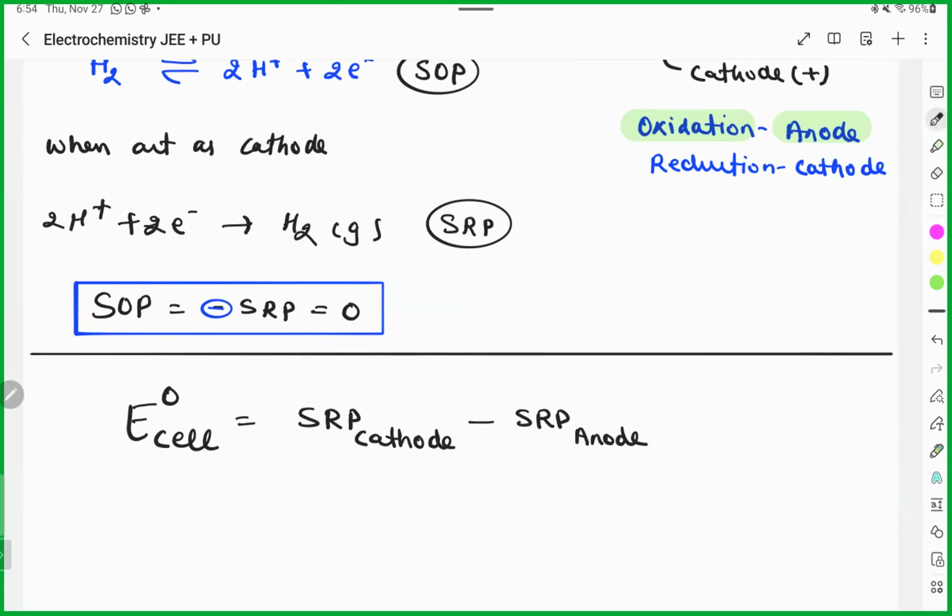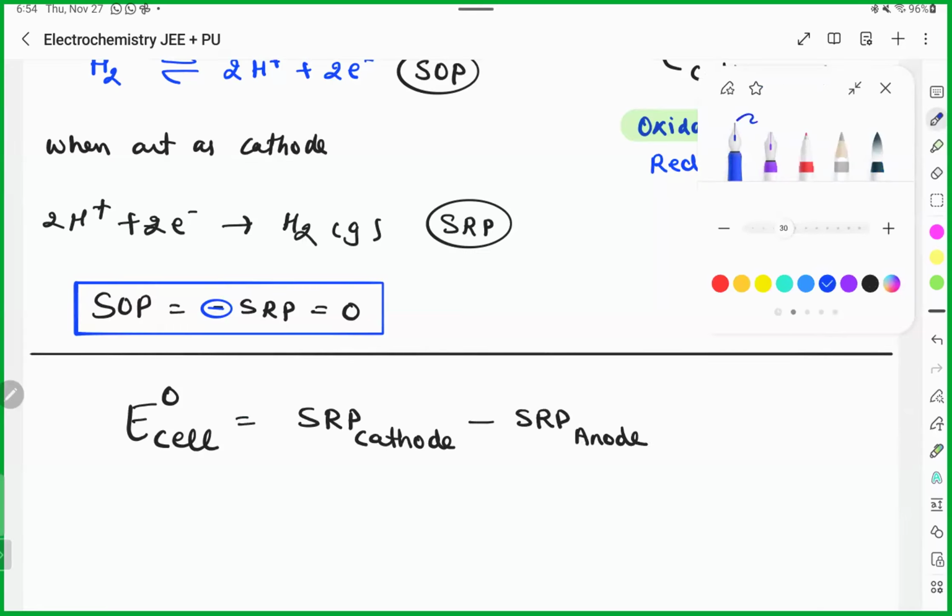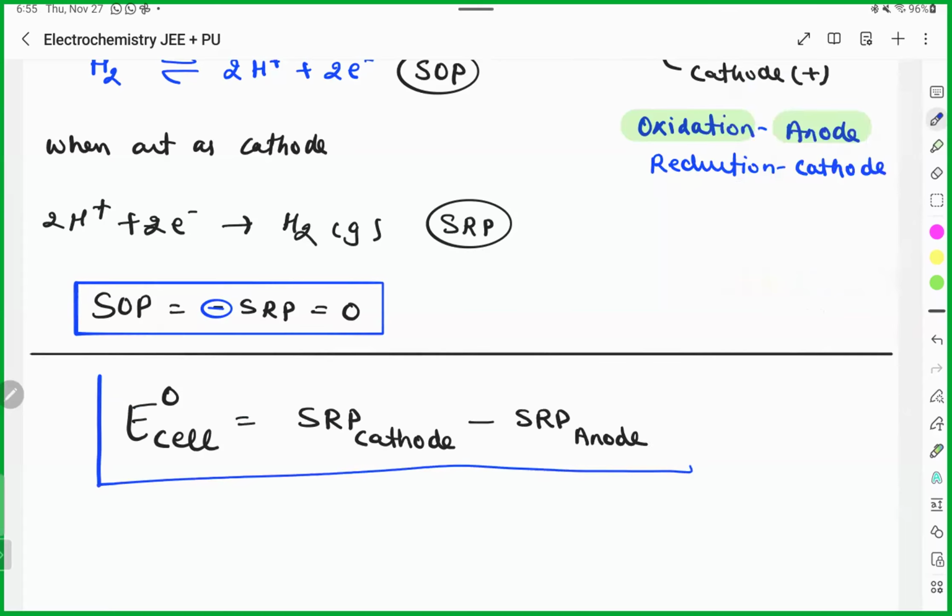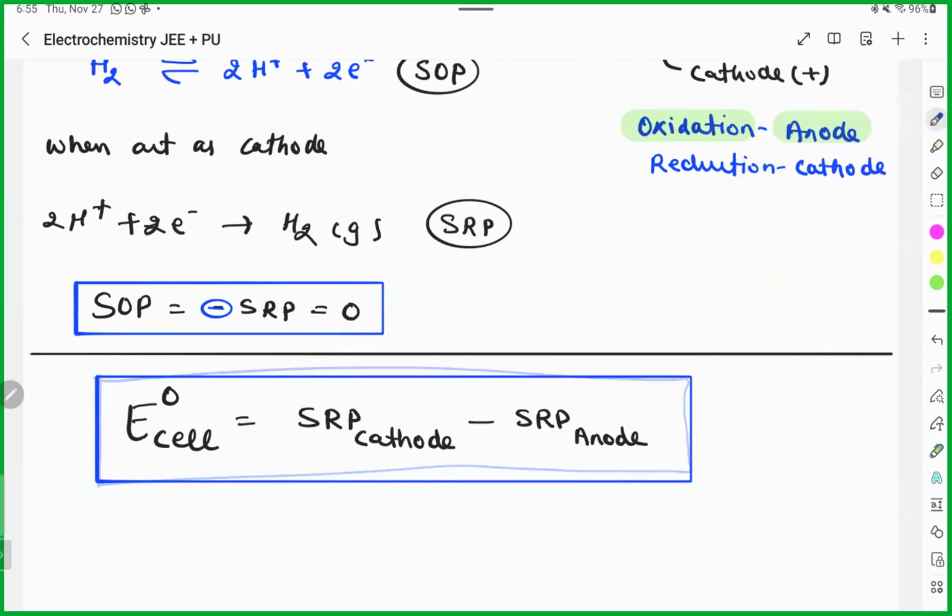Correct? This is the easiest way to do this. Otherwise, if you use another method, it will be confusing. Just take reduction potential always. It will be E cathode minus E naught anode. Understood? So this is applicable for both types of cells, sir? Yeah. Okay.